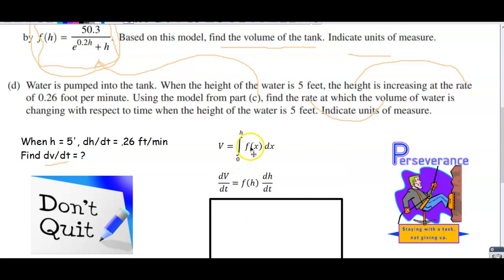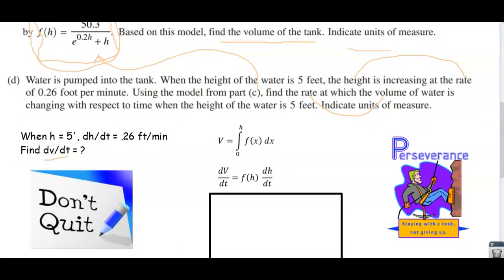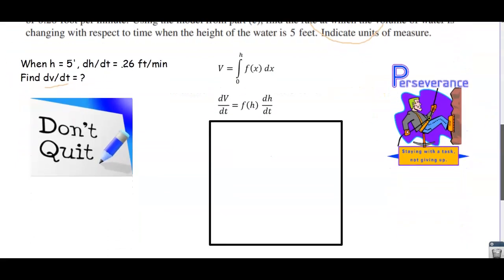The derivative on the right is f of h times the derivative of the new function. So we take out the x, put in the h, multiply by the derivative of h, which is dh dt. And that's where we get our volume derivative from, our volume rate.